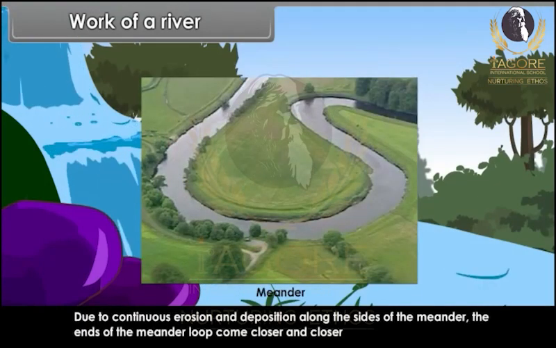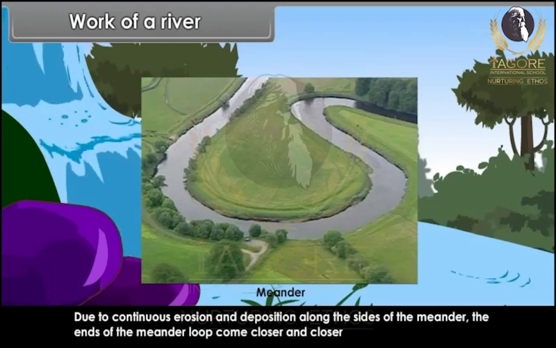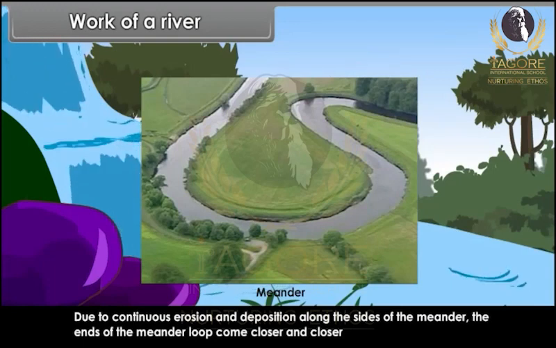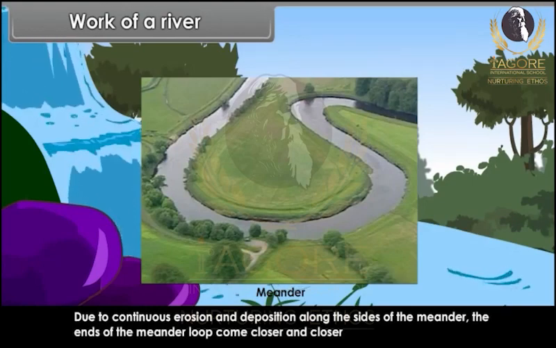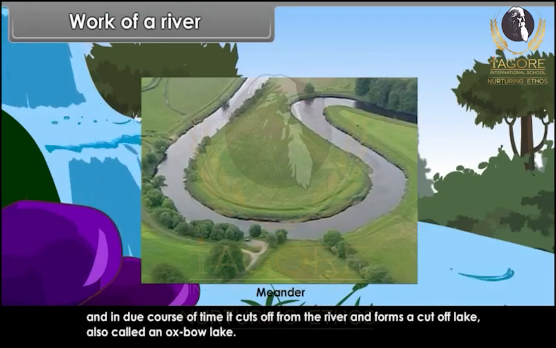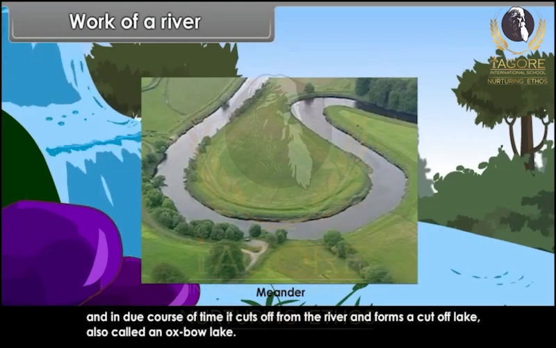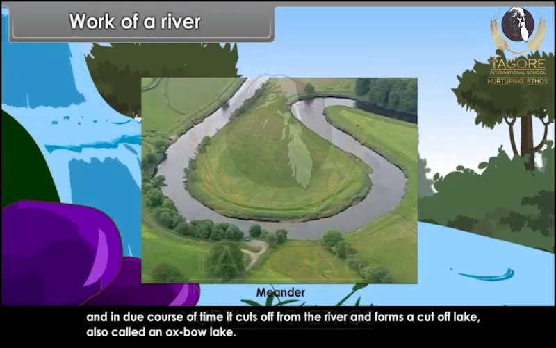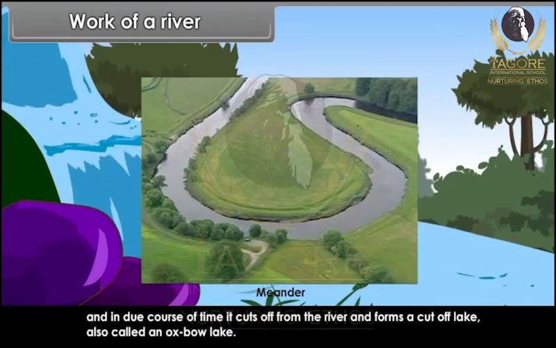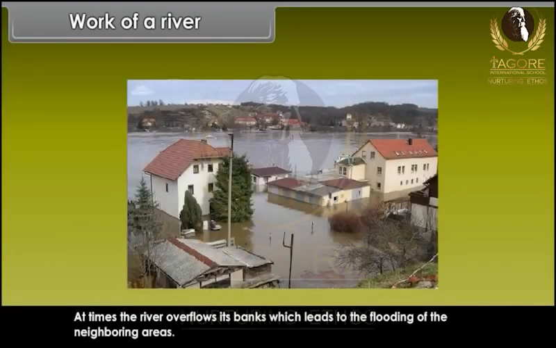Due to continuous erosion and deposition along the sides of the meander, the ends of the meander loop come closer and closer, and in due course of time, it cuts off from the river and forms a cut-off lake, also called an oxbow lake.